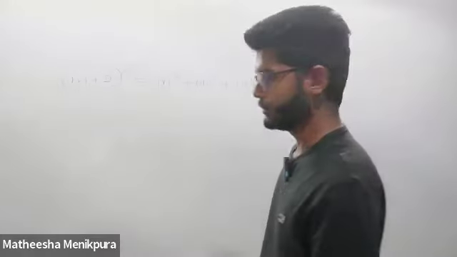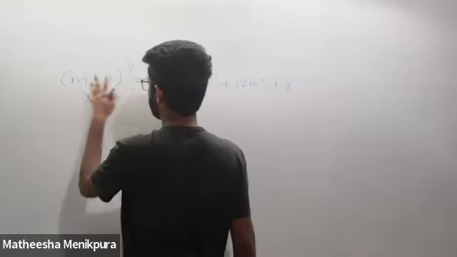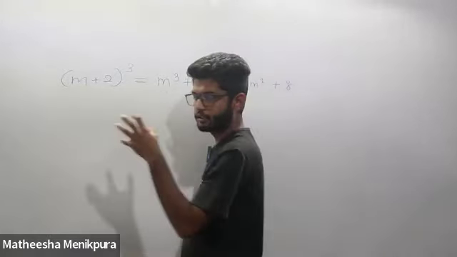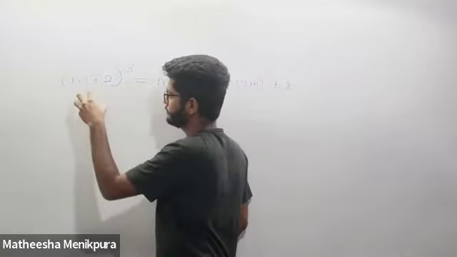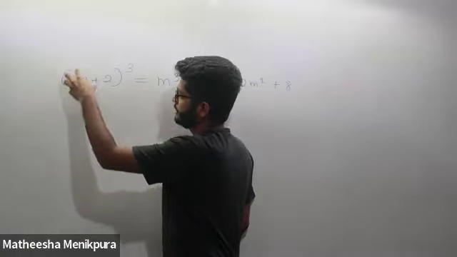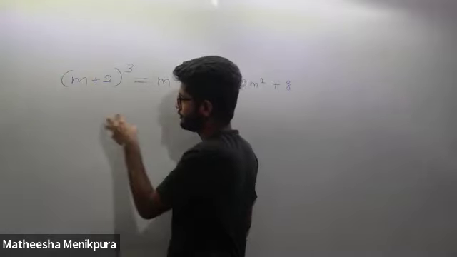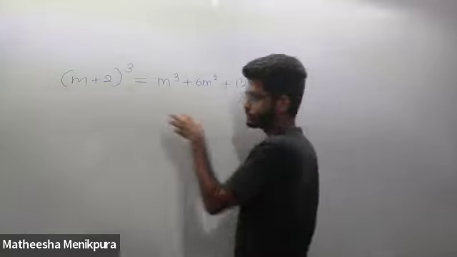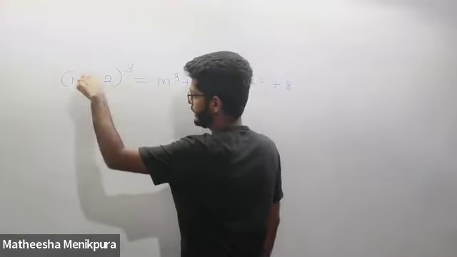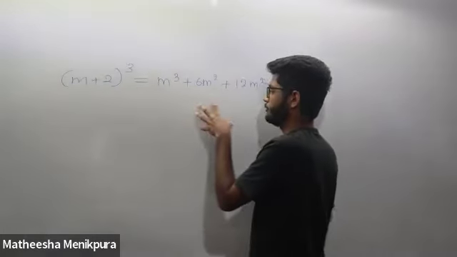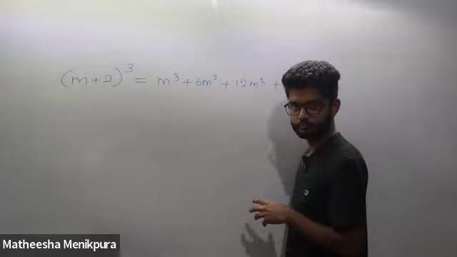So, when expanding the cube of a binomial expression, first we have to write the first term starting from the cube of the first term, in a way that the power is getting decreased. So if the first term is m, start with m cube, then m squared, m to the power 1, m to the power 0.